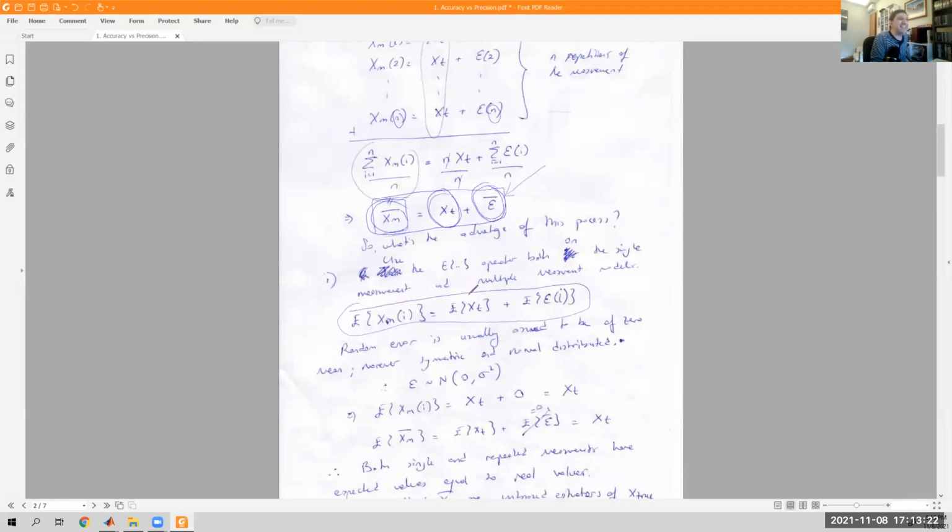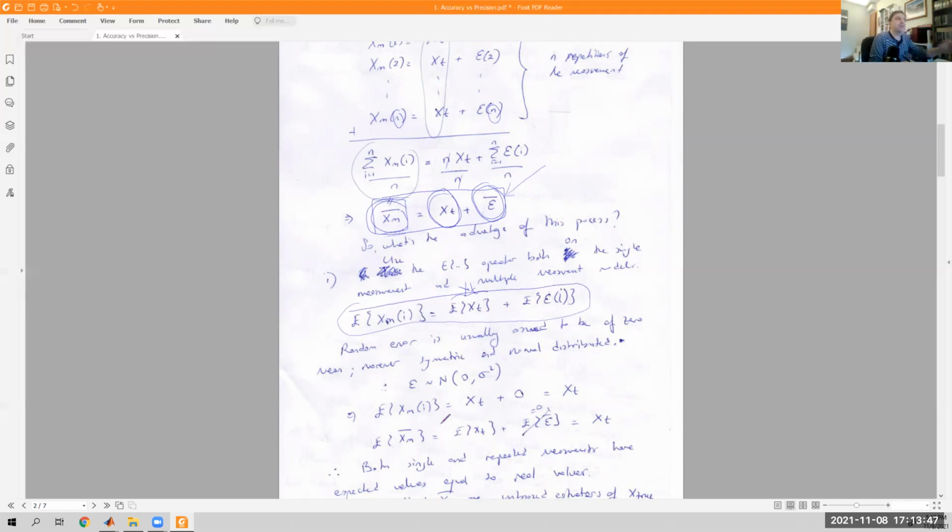And since xt is a statistical quantity, a population parameter, it is a constant. Therefore, its expectation is itself, the true value. So the expectation of our single experiment is going to be equal to the true value plus the expectation of the random error term.